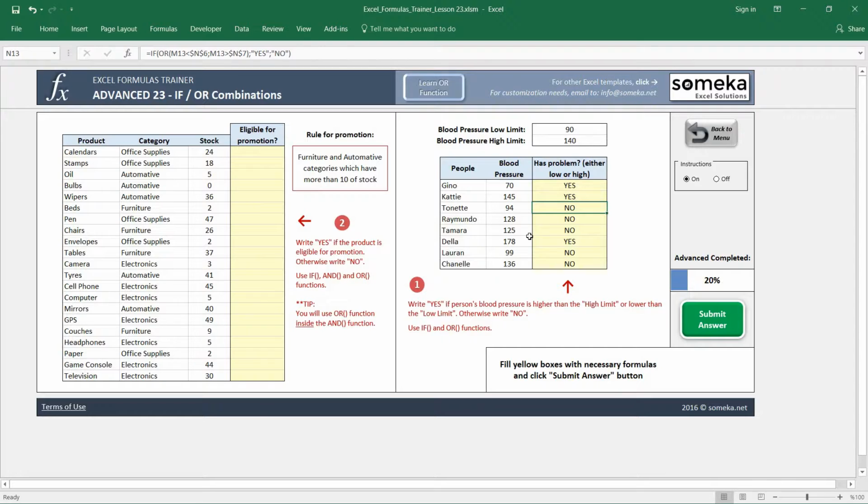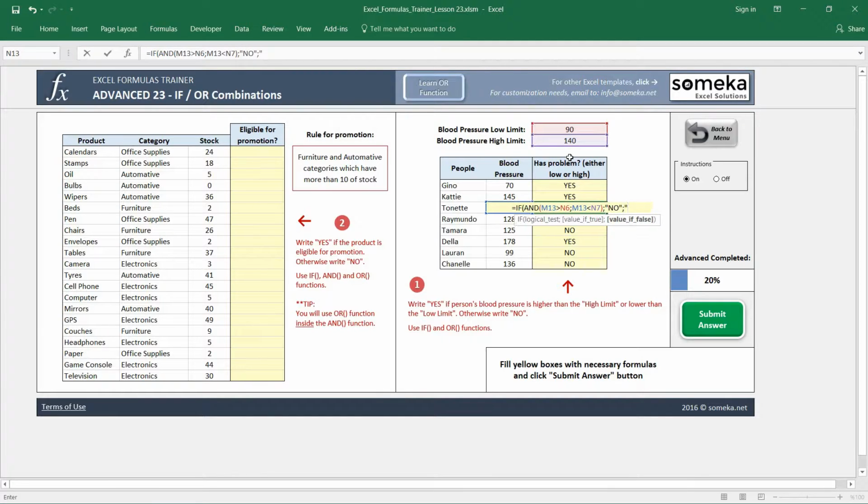I could have written this formula by using the AND function, by checking if these are in the limits. So what I would write is IF, AND, if this value is bigger than this one and this value is smaller than this one, this means that our value is in between these limits, so we will have no problem.